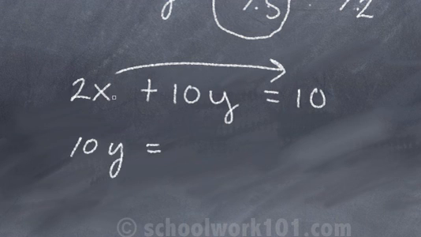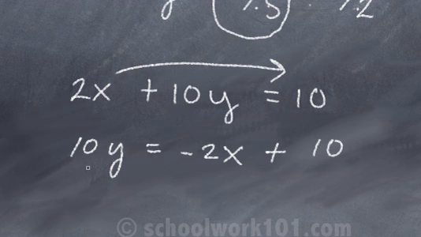I look at this as like moving chess pieces over. Technically you're supposed to say negative 2x to both sides, but just move the stuff over. Change the sign. If I'm going to move it over to the right hand side of the equal sign, I got to change the sign of it. And then divide both sides by 10, or multiply through by 1/10.